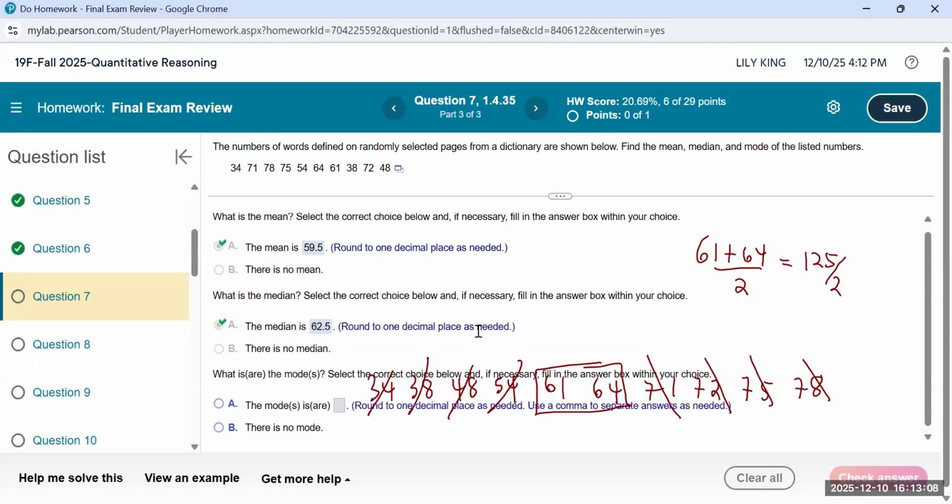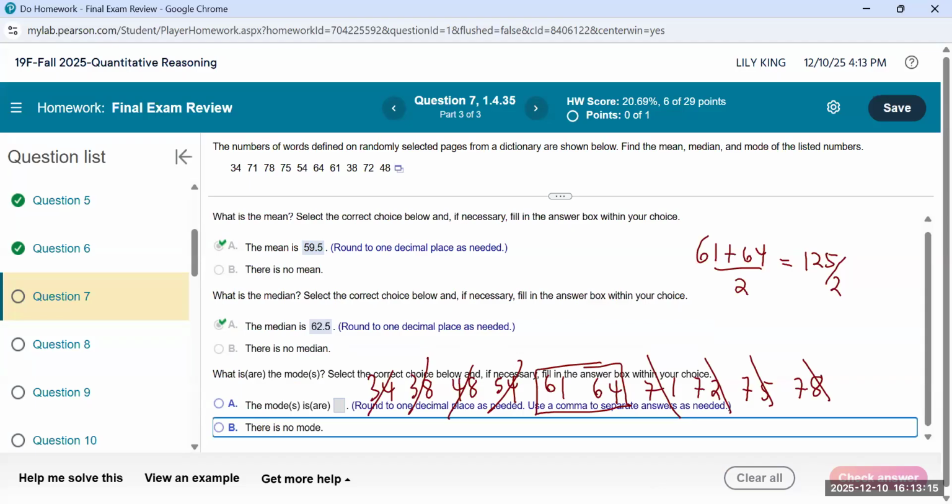Now, there is no mode in this data set. Each data point appears the same number of times, so here there is no mode.